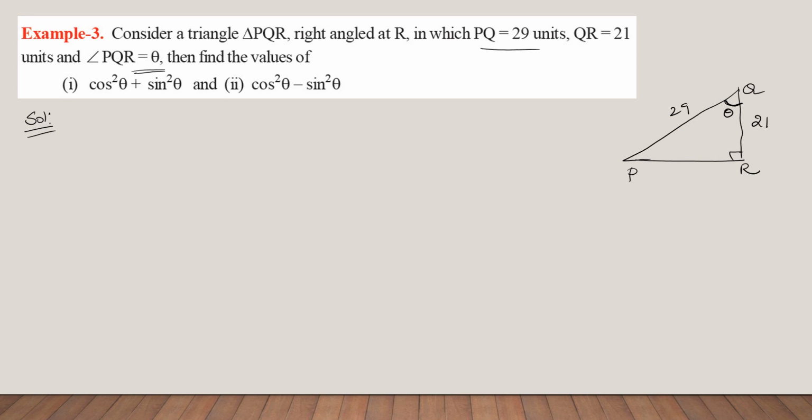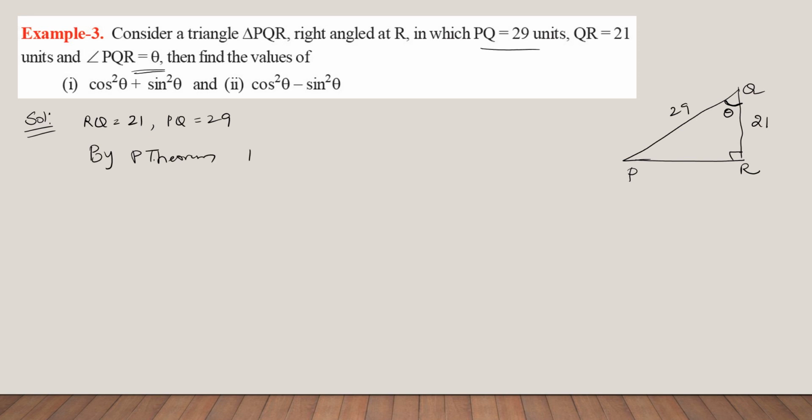First of all, what are the things that are given? RQ is equal to 21, PQ is equal to 29. Now to find PR, we can apply the Pythagoras theorem.